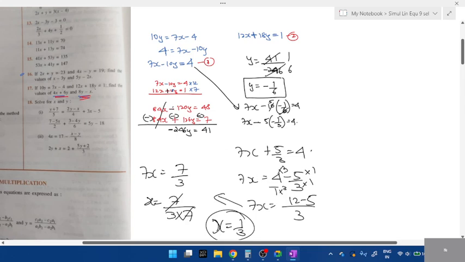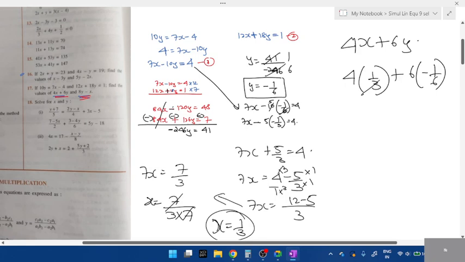They have asked us to show, find the value of 6y, right? 4 into, what is the x value? 6 into, you get 4 by 3. 6 and 6 get cancelled. Plus into minus. Take LCM, completed.